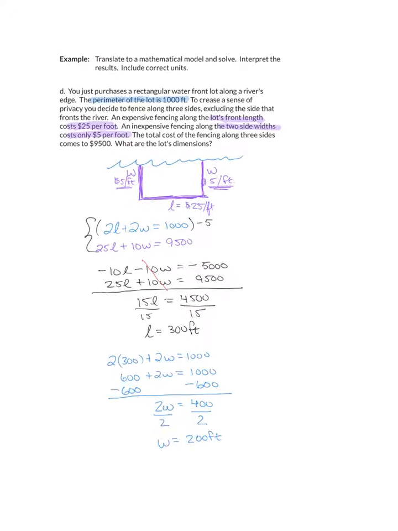So my final answer, remember that we want to know what are the lot's dimensions. And so the lot's dimensions, we have the length is 300 feet and the width is 200 feet.